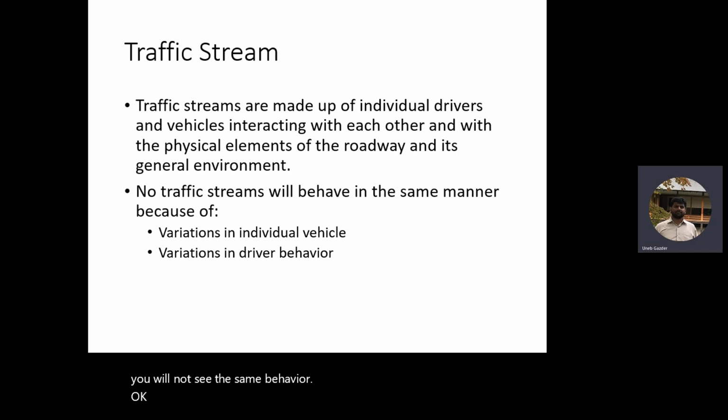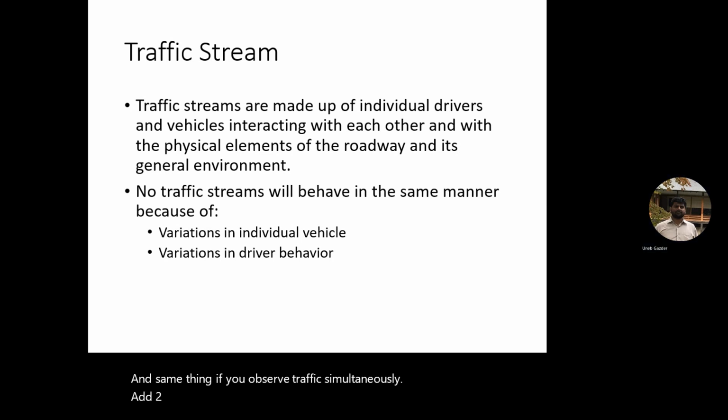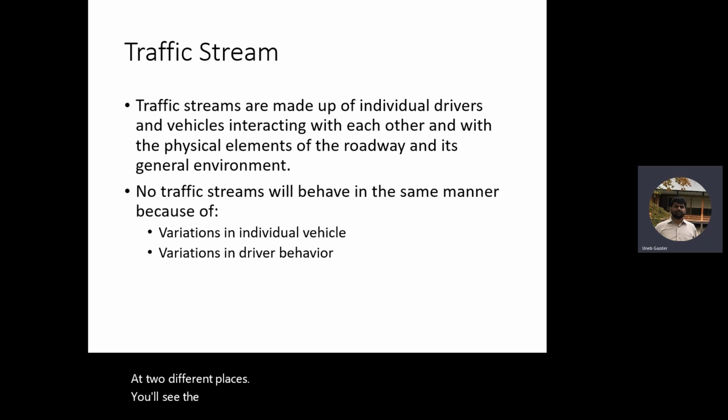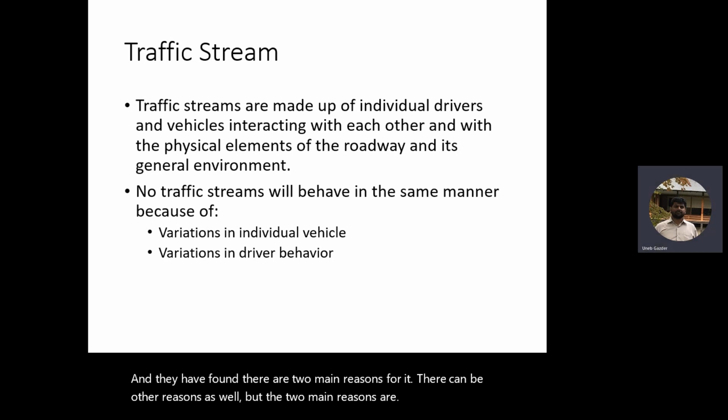And same thing, if you observe traffic simultaneously at 2 different places, you will not see the same effect. They will not be behaving in the same manner. And they have found there are 2 main reasons for it. There can be other reasons as well, but the 2 main reasons are variations in individual vehicles and variations in driver behavior.